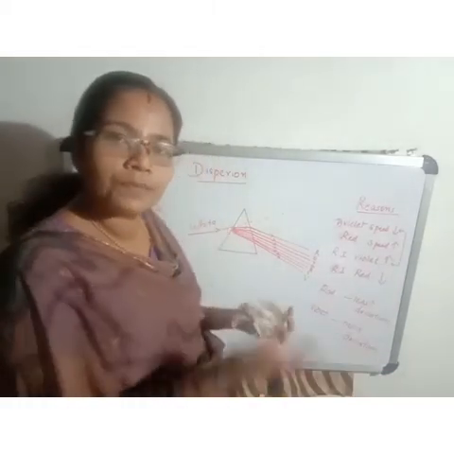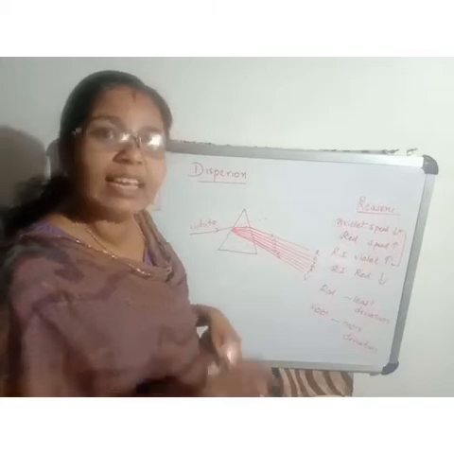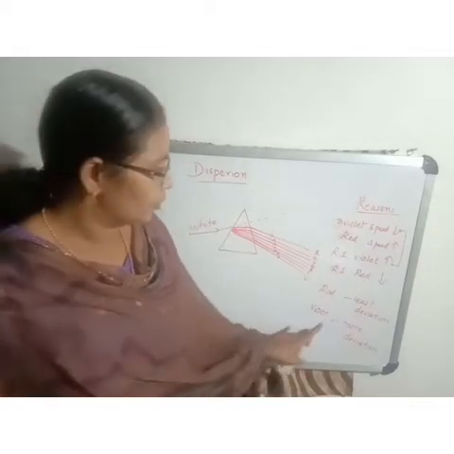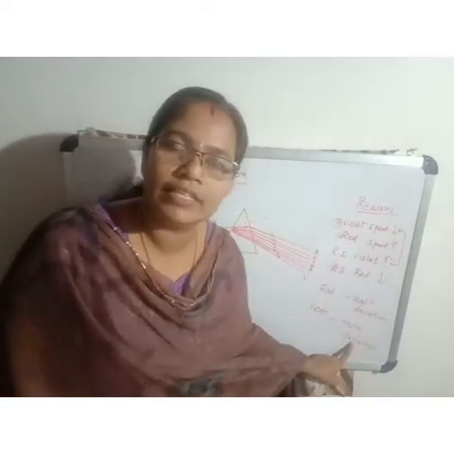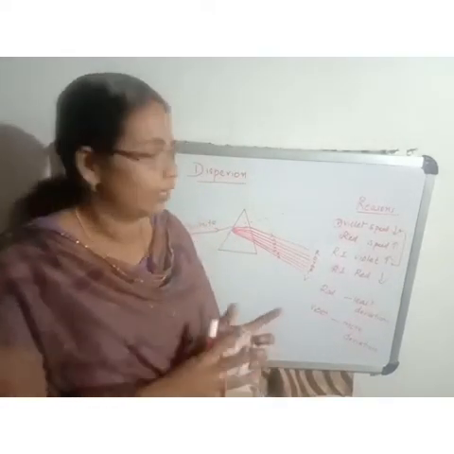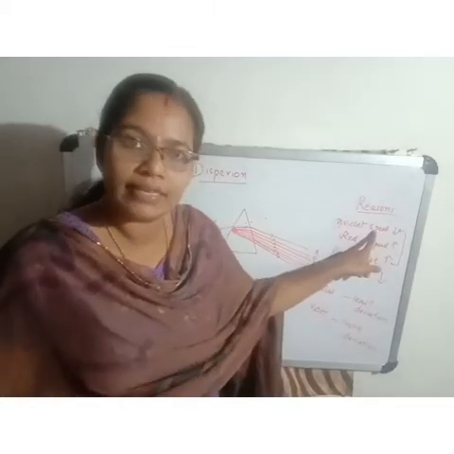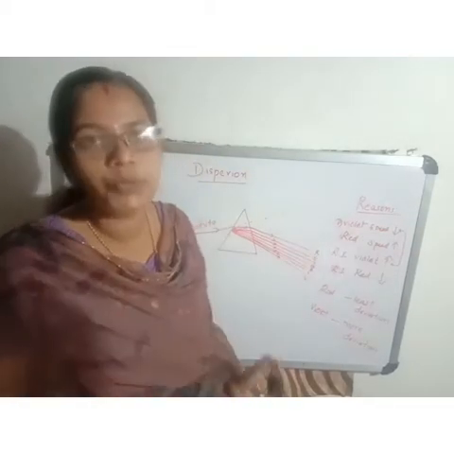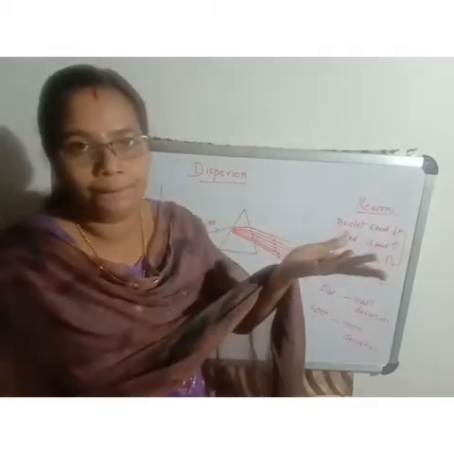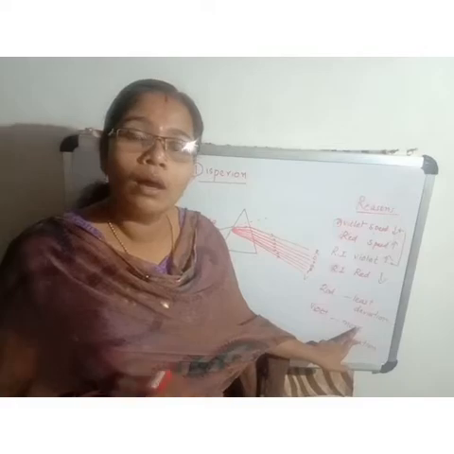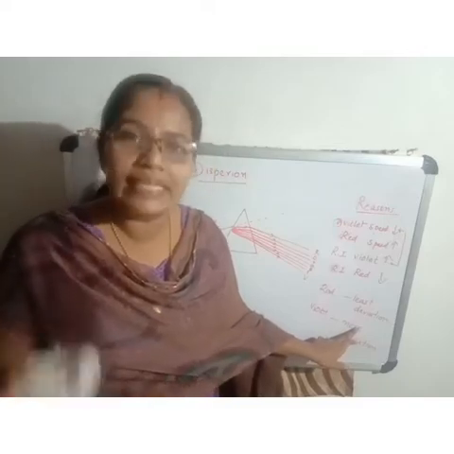When the speed of violet is less, the refractive index of violet will be more. Because of that, violet is deviating more. So there are two reasons: the speed of the violet color is less, and the refractive index of the violet is high.